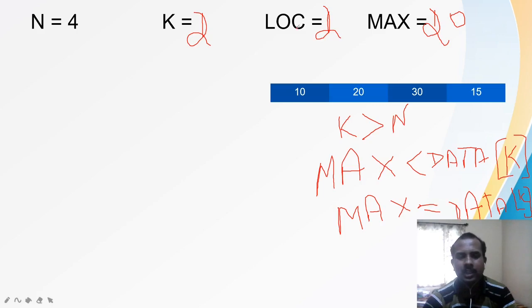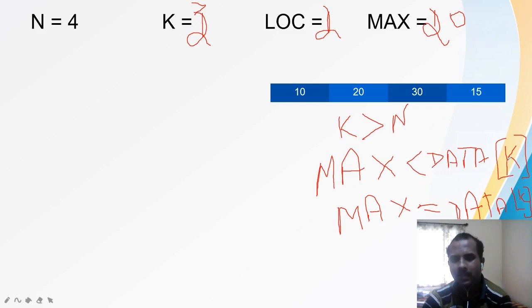Next I am going to increment k again. Now k will become 3. Check whether k is lesser than or greater than n. Yes, 3 is lesser than 4, right? So I can perform this operation. I check whether max 20 is lesser than data of k.